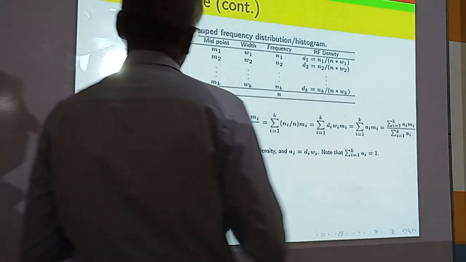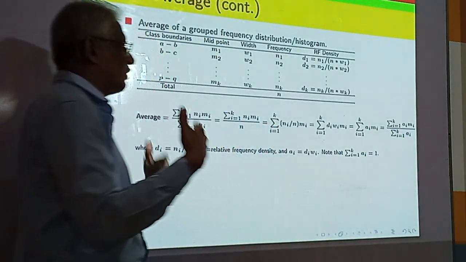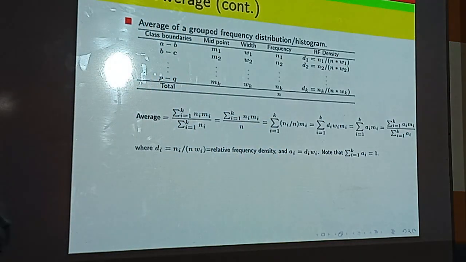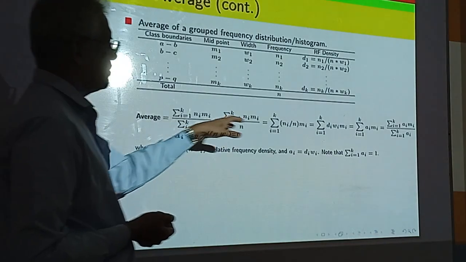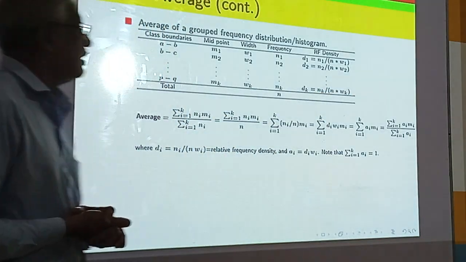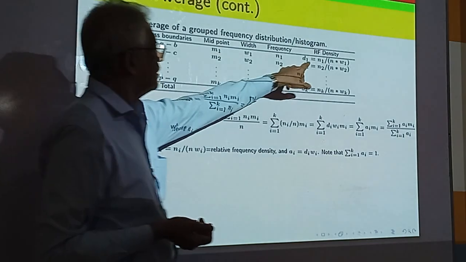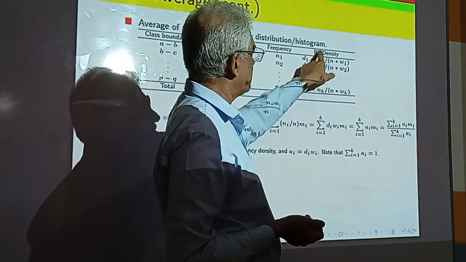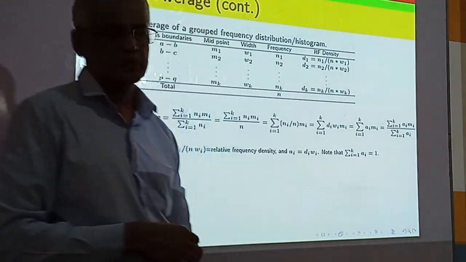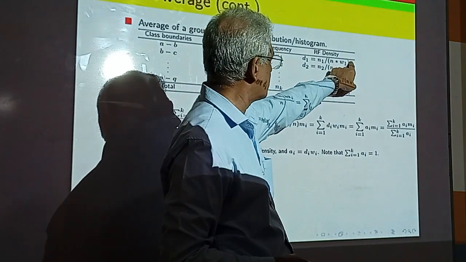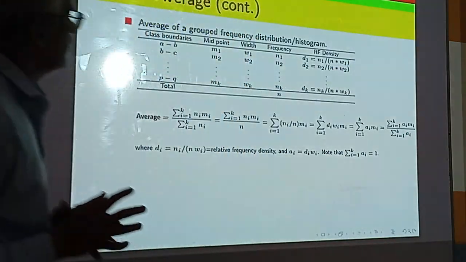But if you want, you can write it in terms of, for example, densities also. So I have shown you how to do that. It's very simple. I call it here the relative frequency density. If you want, you can write it by percentage. Percentage will be just this multiplied by 100.